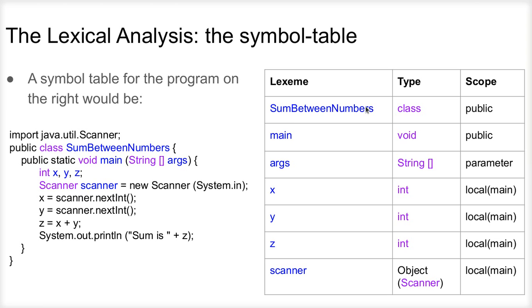The scope of both sum between numbers and main, these methods, is public. Then args is a parameter, and x, y, z are local variables declared inside the main method, as well as the scanner object.